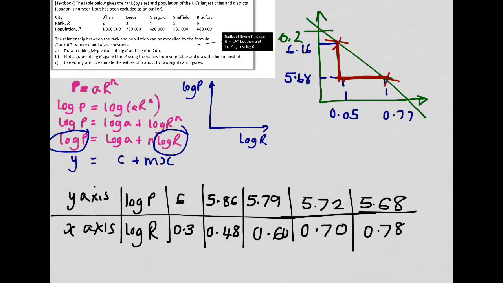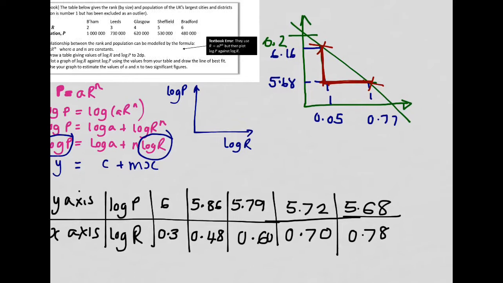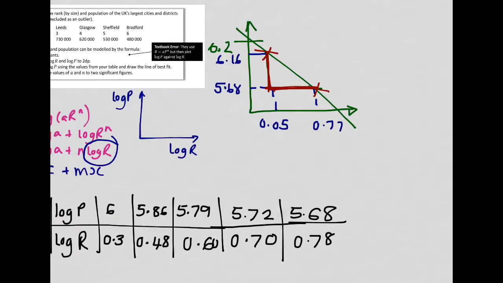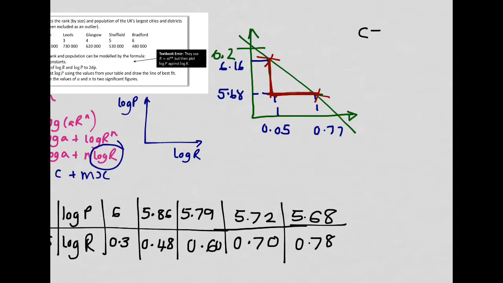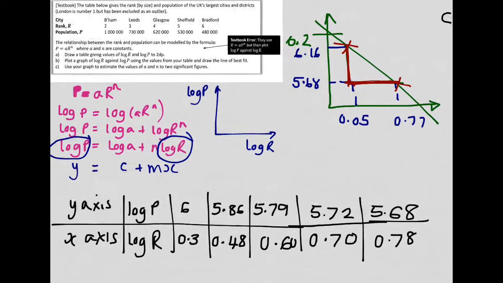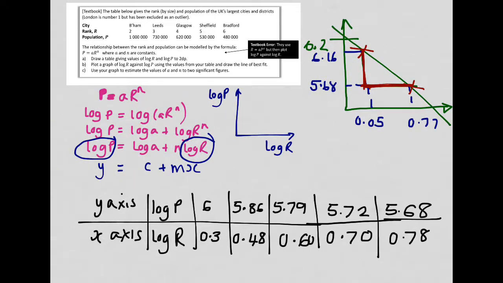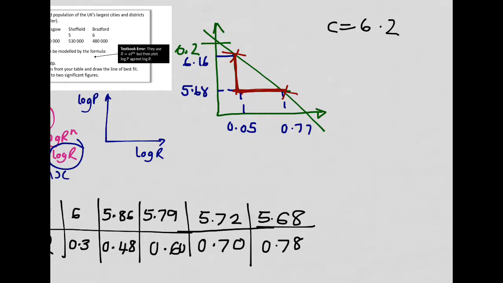Okay, so where can I go with this? Well, first of all, I know that C is equal to 6.2. And if I go back to here, I know that my C is log A. So 6.2 is equal to log A. Now remember, my base is 10.